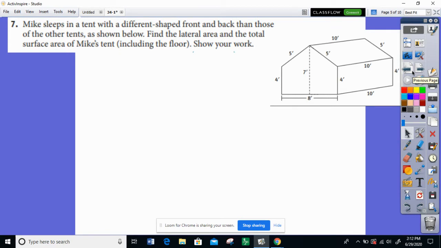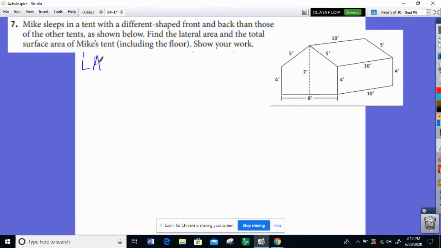It says, Mike sleeps in a tent with a different shaped front and back than those of the other tents as shown below. Find the lateral area and the total surface area of Mike's tent, including the floor. Well, we know that the lateral surface area is going to be the perimeter of the base times the height. Well, it might be helpful to find the perimeter of the base.